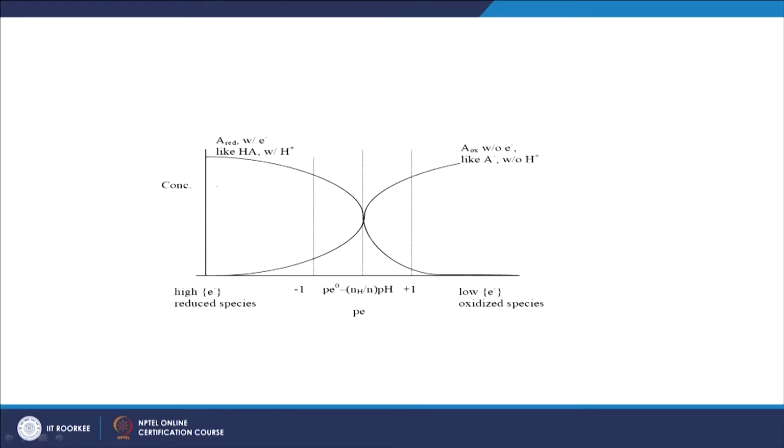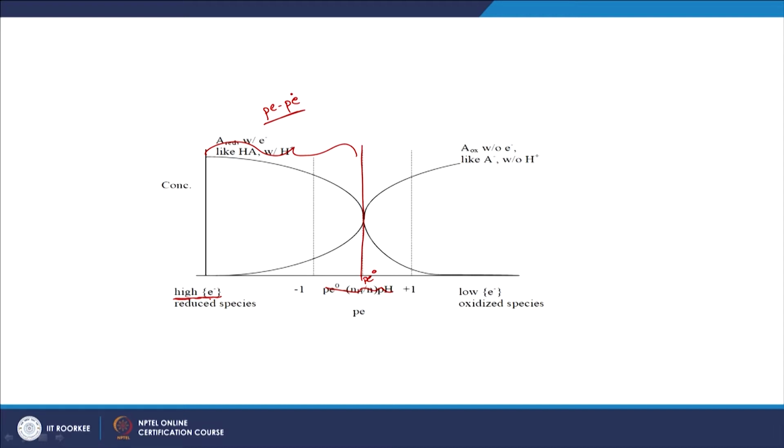If you look at this particular area, what is this area? It is when Pe minus Pe naught values are low, or Pe is less than Pe naught. This is the Pe naught here. So, when Pe minus Pe naught is low, obviously we have higher concentrations or activities of these electrons that you would expect.